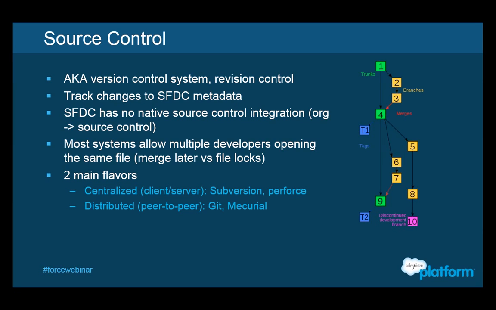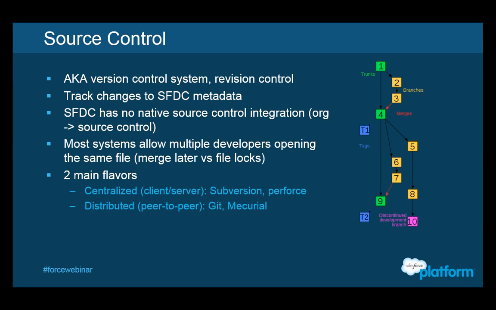Some of the characteristics that we see in source control systems, one of those when you're looking for a source control system, is the concept of merge later versus file locks. So some systems will lock a file so only one developer can work on it at a time. Other systems will allow you to have multiple developers with a file open and then optimistically merge those files as long as the changes were on different line numbers.